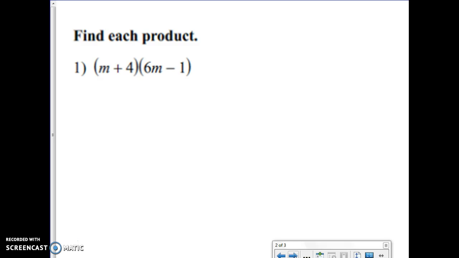In this case, I have two binomials which I'm multiplying together. So what I want to do is distribute the m through both of those, and then I want to take the 4 through both of those.